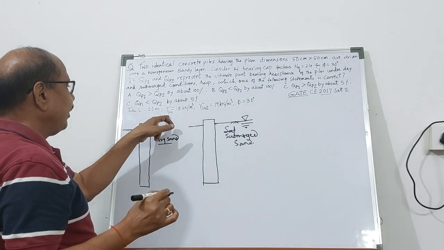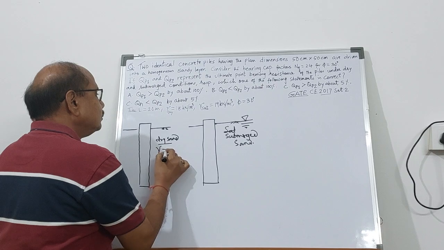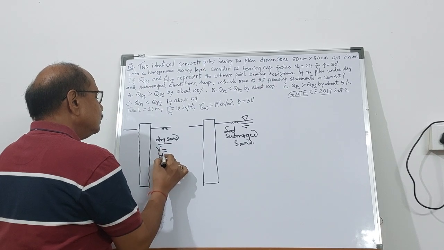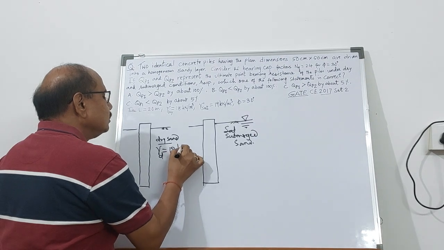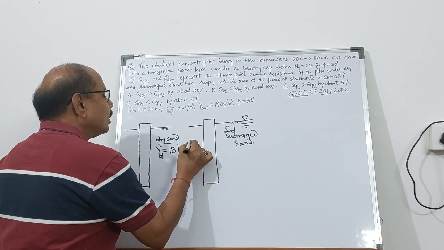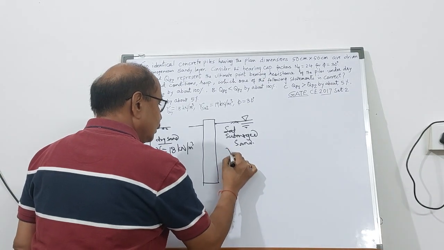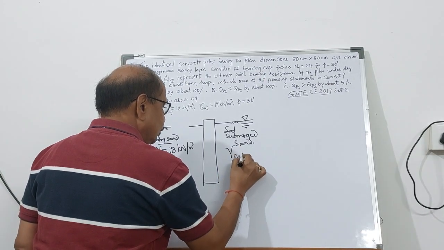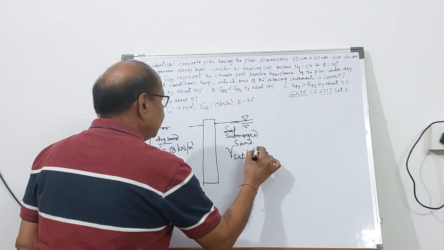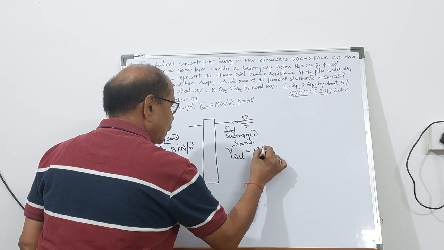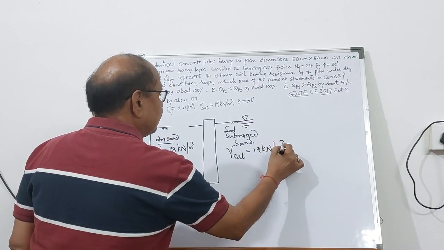The unit weight of dry sand, gamma, is given to you as 18 kilonewton per meter cube, and here the saturated unit weight is given as 19 kilonewton per meter cube.